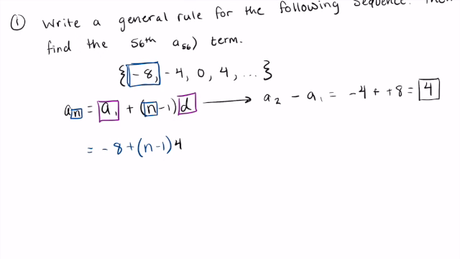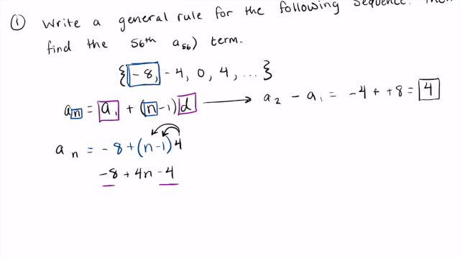At this point, I want to simplify my general formula, and that's going to happen by distributing this 4 into my parentheses and then combining my like terms. So I have negative 8 plus 4 times n gives me 4n. 4 times negative 1 is negative 4. And then at this point, I'm going to combine my like terms.